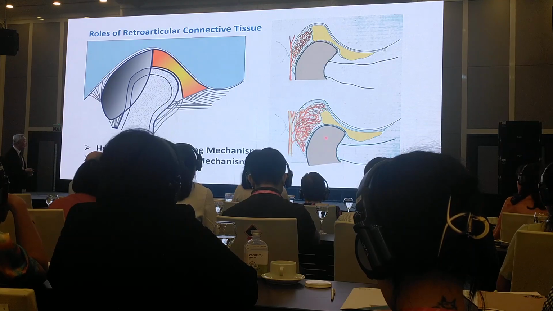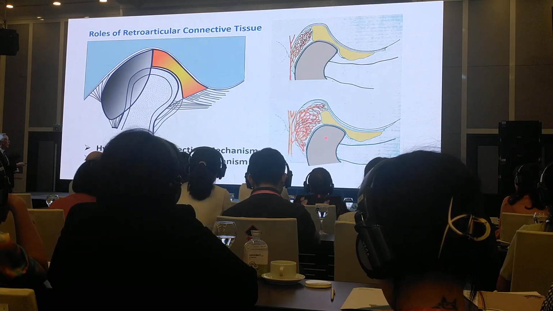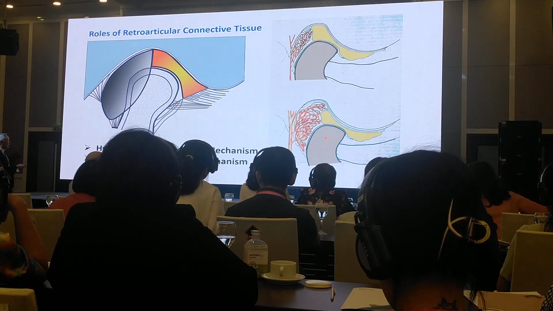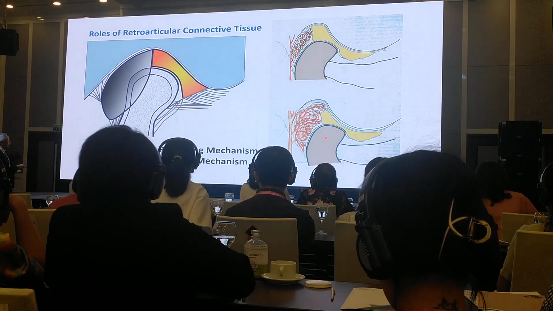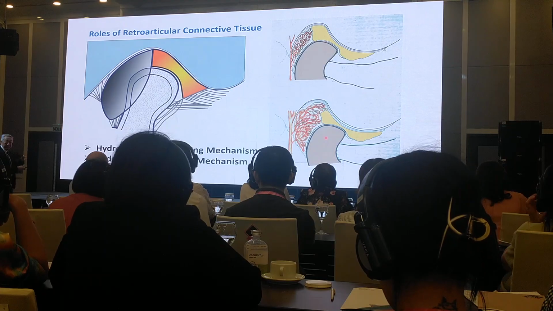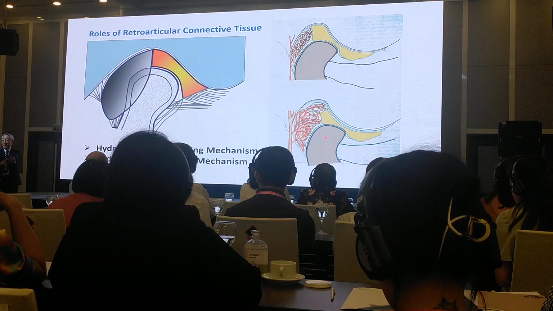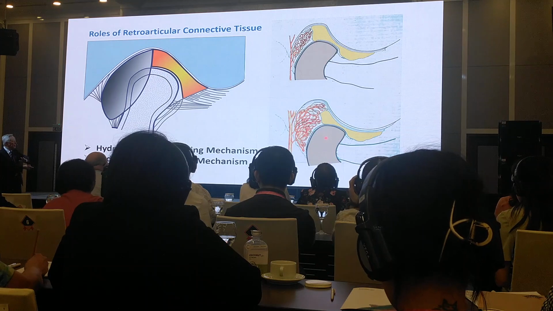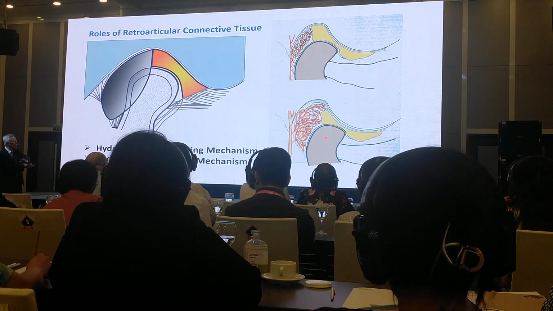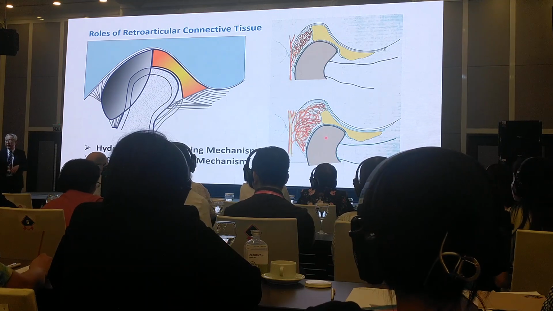This kind of 3 millimeter, for example, go forward. Then the blood supply here, connective tissue, stops and keeps this position. Keep this position by connective tissue, blood supply.